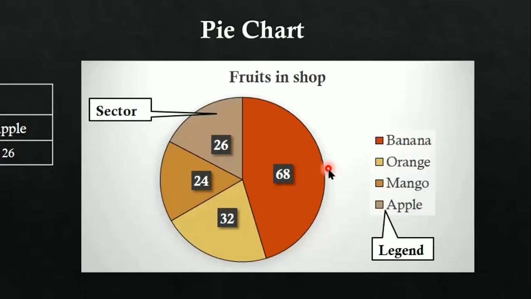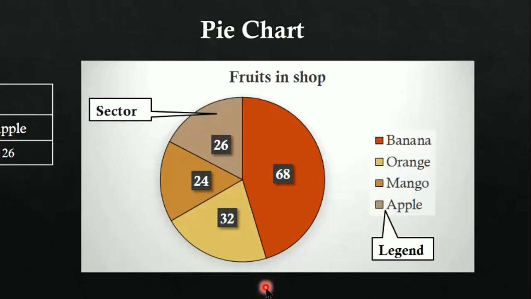In this, each sector of a circle represents a different fruit. Here each sector has a value: 68, 26, 24, 32. Each sector of a circle represents a different fruit and a specific value.